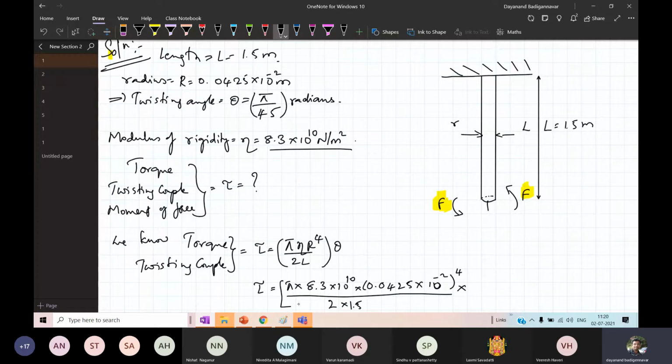Theta here is pi by 45. So evaluate and tell me the answer.